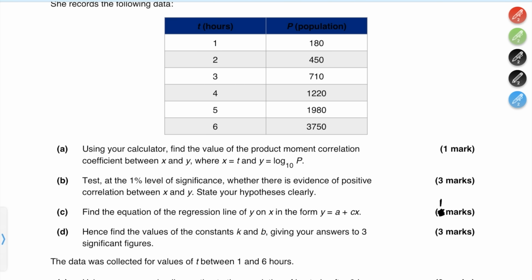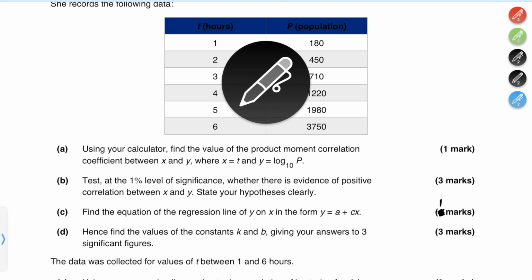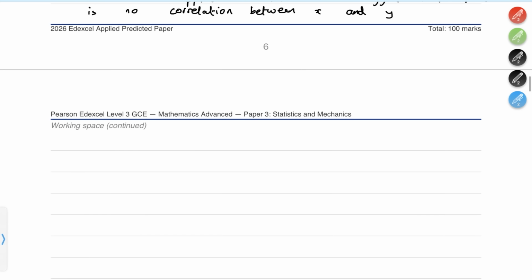Before we move on to part C, I did spot a mistake in the mark allocation here. It said 4 marks, but it should actually be given 1 mark. I'm not entirely sure where that came from. It does mean the mark allocation overall will be a little bit different. So for anyone who got a bit confused with that, I'm sorry. It is simply taking the values that it gives you from your calculator and then inputting them into the equation.